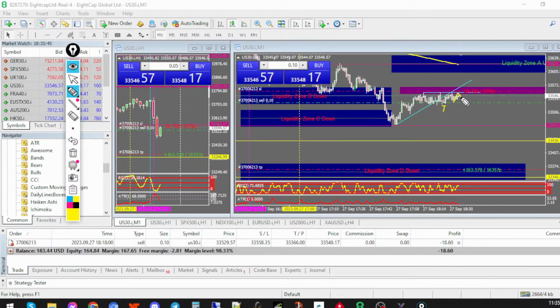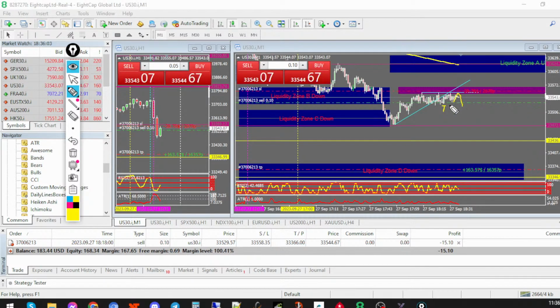This could be just a correction or more downside. So this could be W, X, Y, this is X, this is Z. This Z wave could come like that as 3, or it could come as this 1 and start going up, or it can come down as 5 and then start going up like that, right?